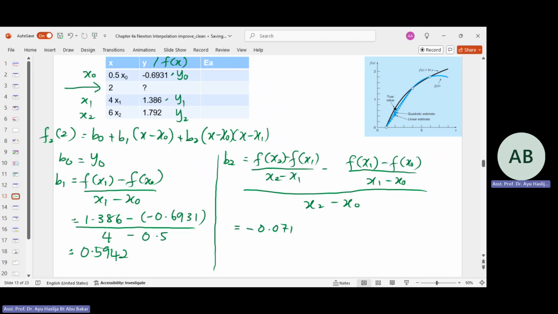Okay, now once you get your B1 and B2, substitute into the main equation.